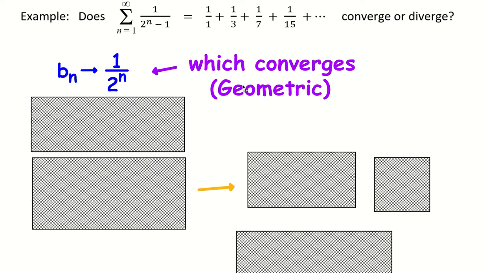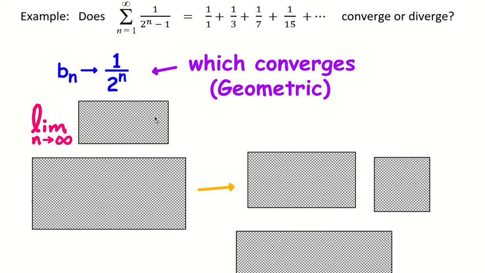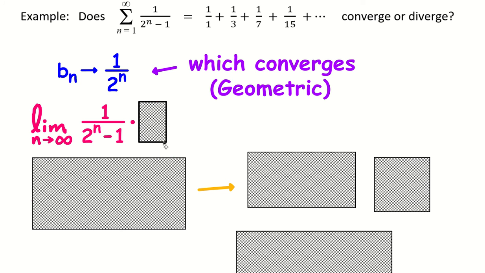All right, so now that we know that our comparison series converges, we can go ahead and do the limit. So our series divided by that one. And how would we figure this out? Would we do that special algebra trick, because you can't cancel, right?